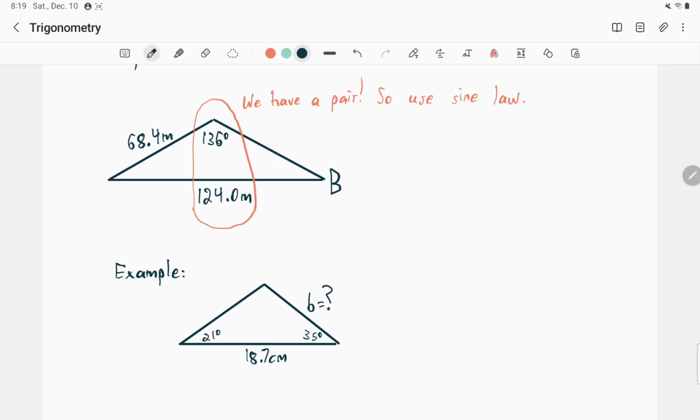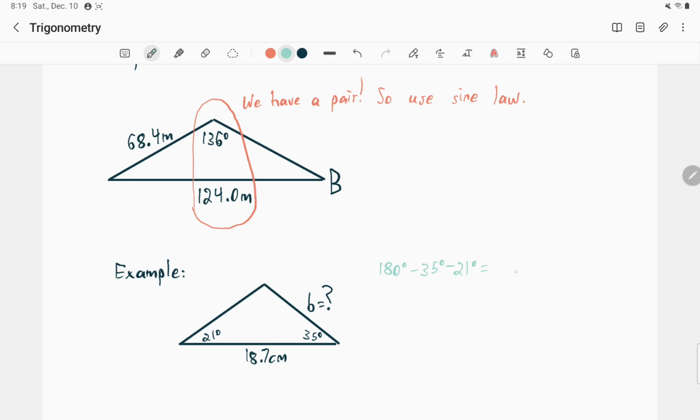Well, at first glance, it doesn't look like we have a pair of matching side lengths and angles. But if you remember, all interior angles of a triangle add up to 180 degrees. So to make our pair, you go 180 degrees minus 35 degrees minus 21 degrees.